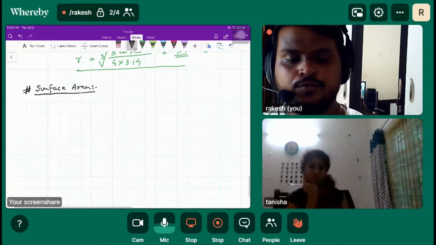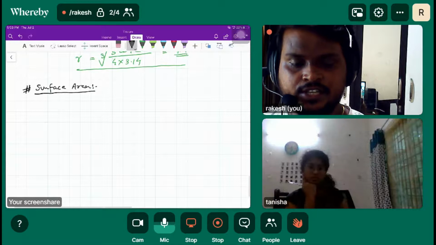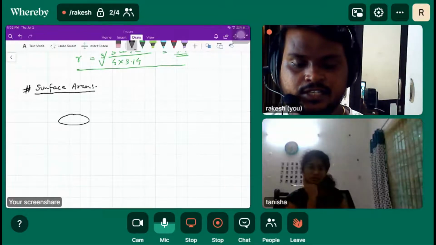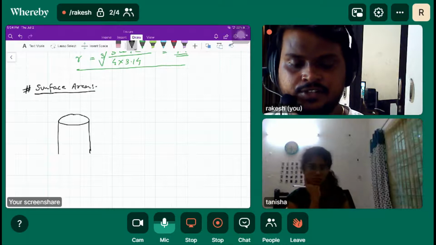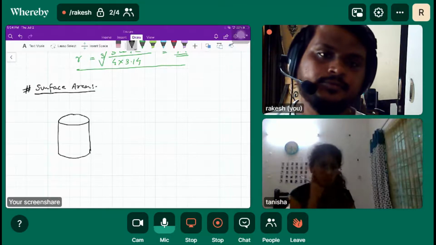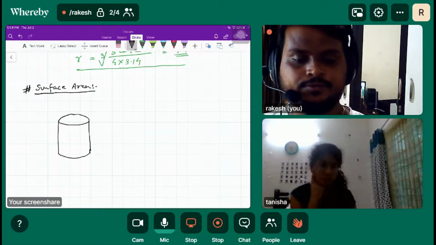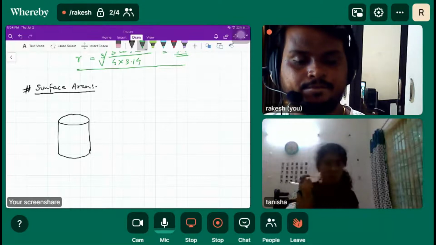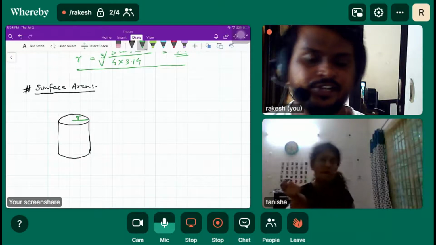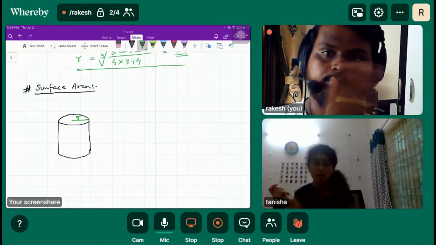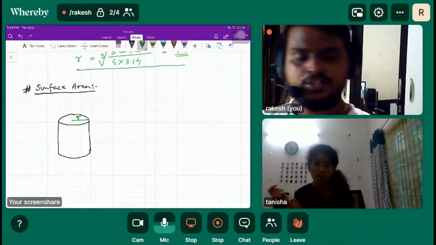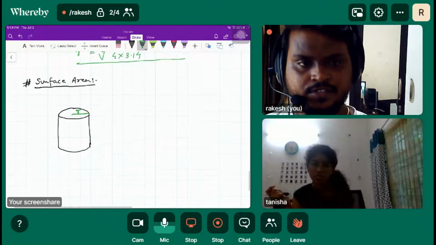So we will figure out the surface area of the curved surface. If we have a cylinder like this, what is the surface area of this cylinder? Surface area I'm saying means, there are two types of surface here.